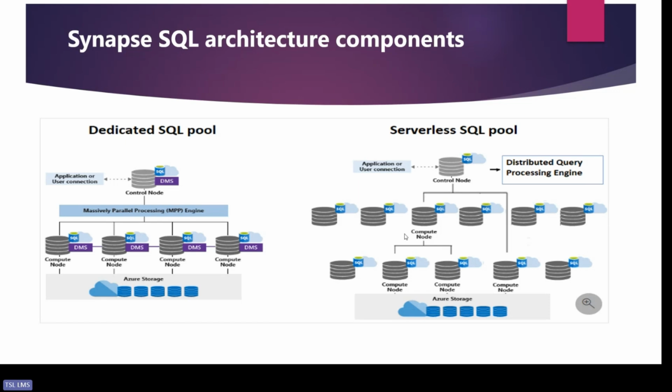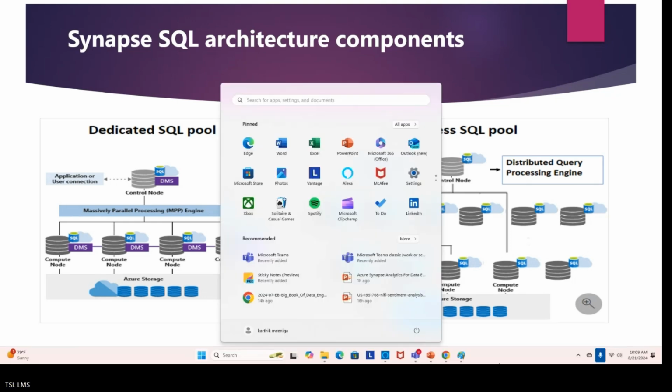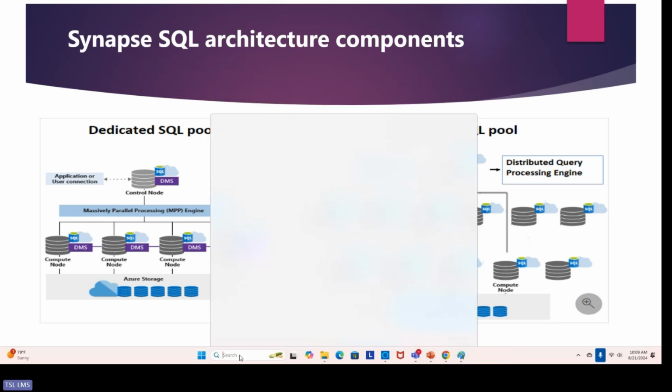You can execute any number of queries in parallel. For example, if 10 users are running queries, all 10 can run them simultaneously, and it won't impact performance. That is the main benefit of using this. Okay. Suppose 10 users are there. Let me represent it here. I'll take one more paint here.